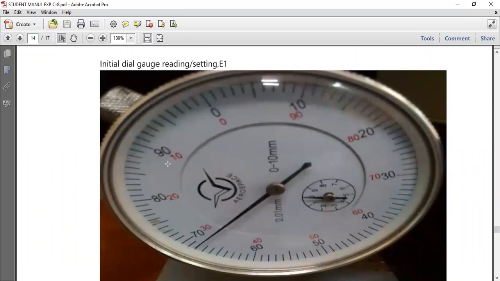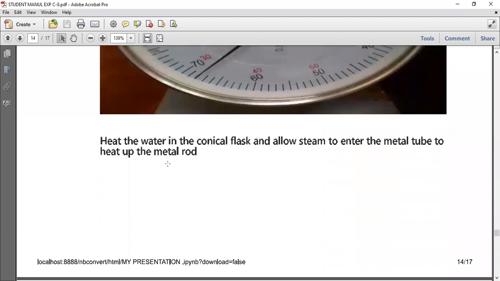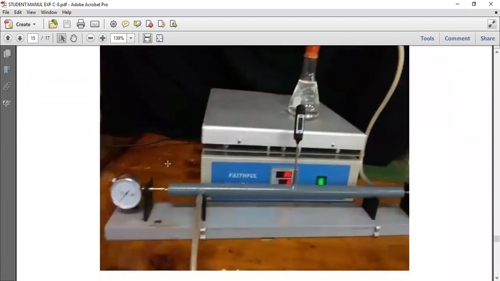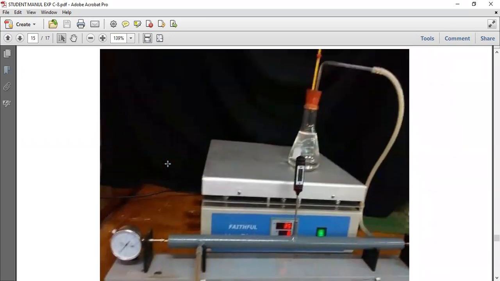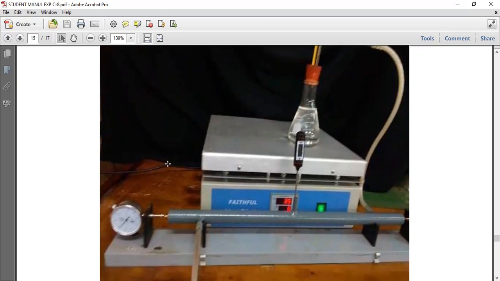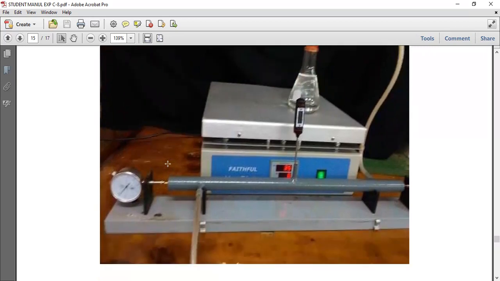Then we follow the same step, heating the water to generate steam as in the setup below. Then allowing the steam to enter the metal tube to heat up the metal rod, and we'll see the amount of expansion as indicated in the dial gauge.